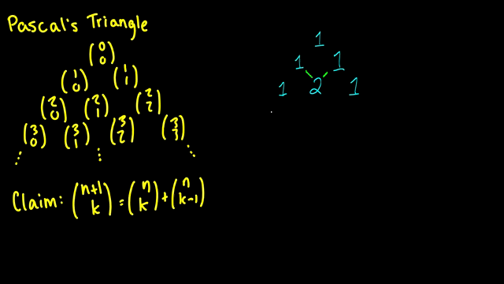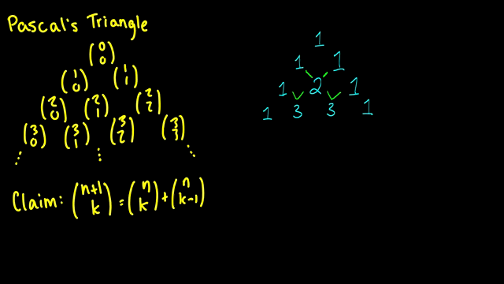So 3 choose 0 is 1. Now what is 3 choose 1? Well, if we add the 1 and the 2 together, we get a 3. So what is 3 choose 2? Well, we saw that 3 choose 1 is the same thing as 3 choose 2, which makes sense now because of this cool little Pascal's triangle we have here. And then of course the outsides will always be 1.